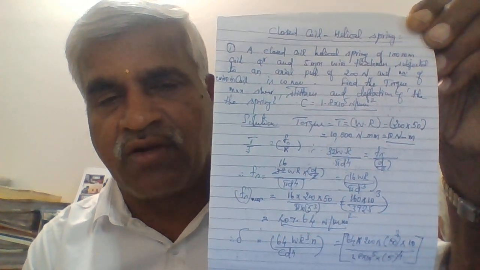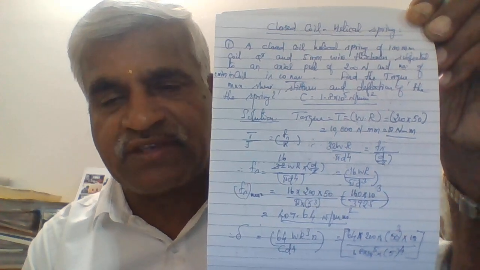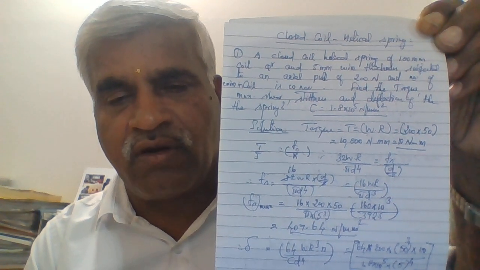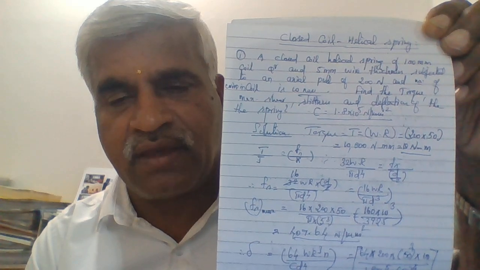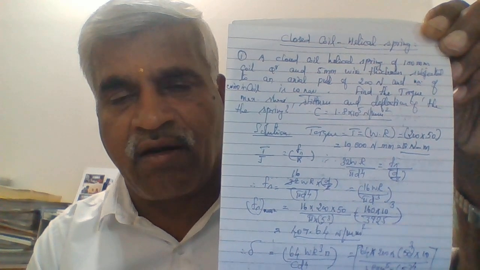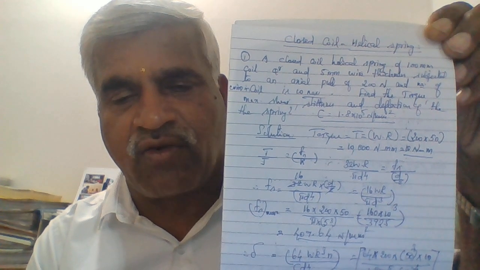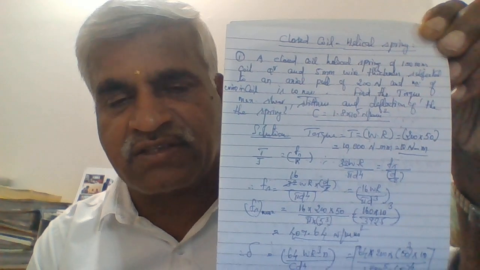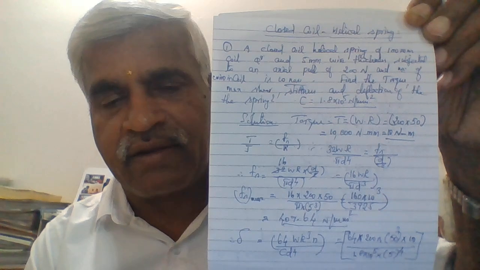T by J is equal to Fs by R, where Fs is the maximum shear stress developed. So T by J is equal to Fs by R. I want Fs is equal to T by J into the maximum radius of the coil wire.